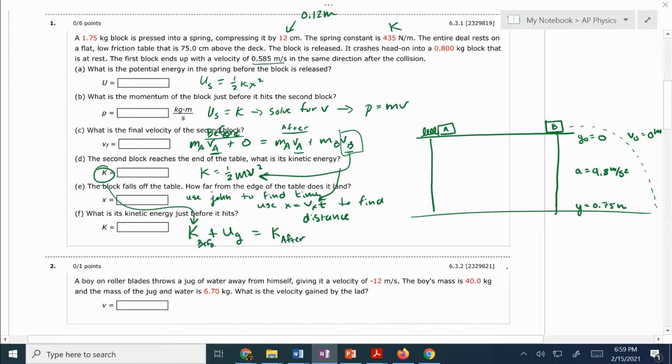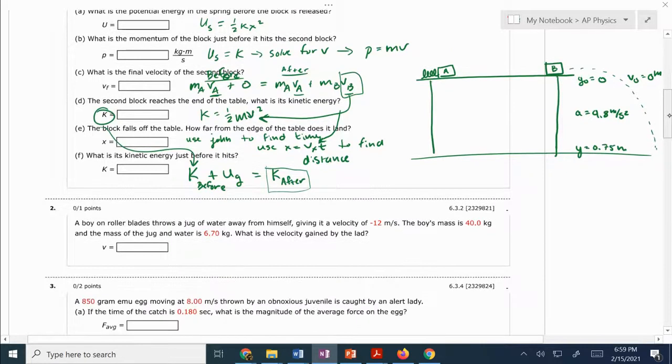So take the kinetic energy before block B leaves the table, add in the gravitational energy of B, which is just mgh of block B, and set that equal to K after. Don't plug in 1/2 kx or 1/2 mv squared for this, because that's what you're solving for. Just leave it as K after and solve for that.